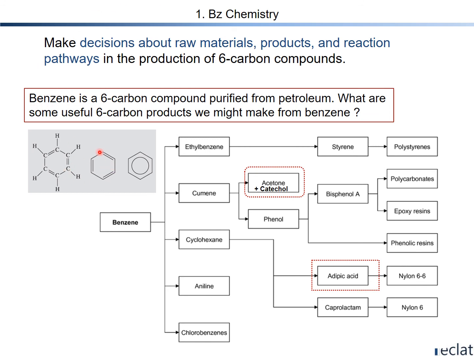Benzene here is a 6 carbon compound purified from petroleum. What are some useful 6 carbon products we might make from benzene? A lot of choices are here and there, but in this big example, I'd like to compare adipic acid production or catechol production.